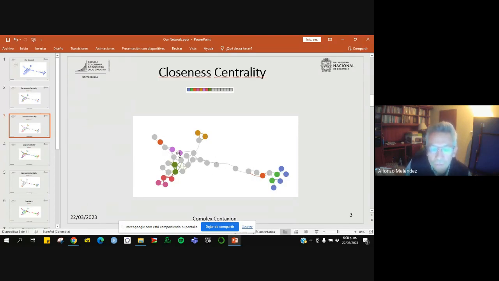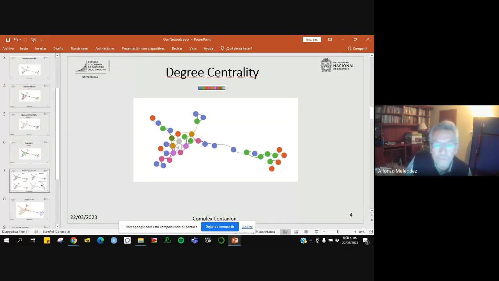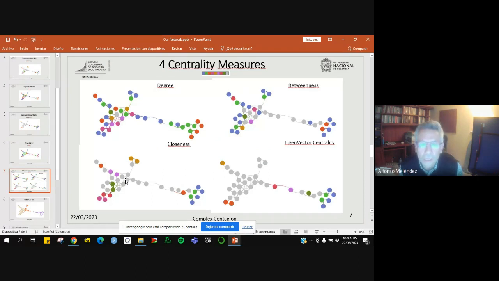These two, I guess, have the biggest closeness centrality. Degree centrality. And here I have the 4 measures together, and we can compare the 4 centrality measures.